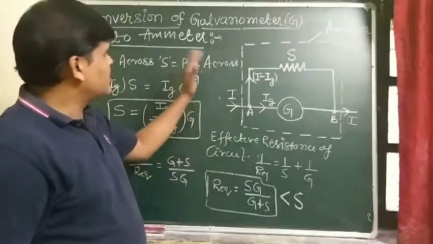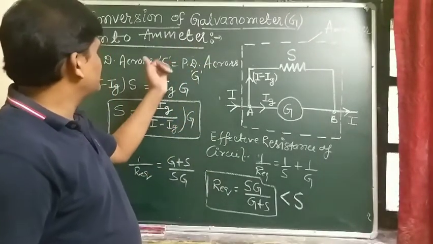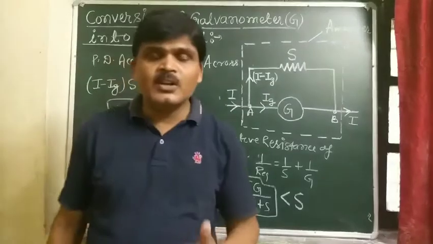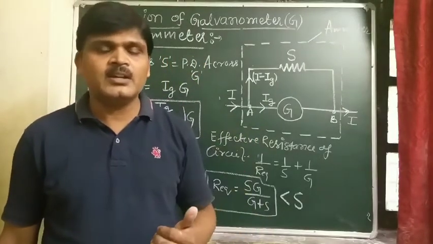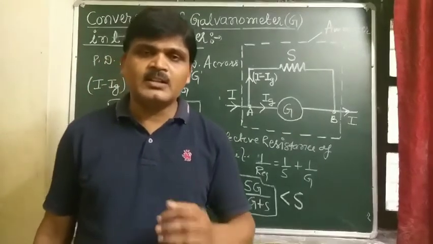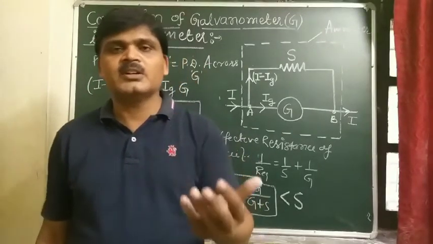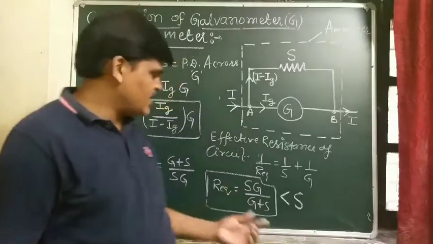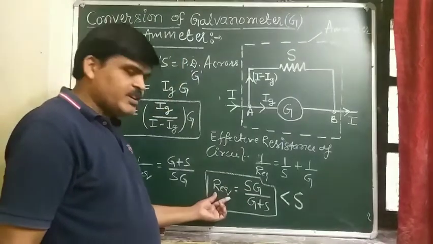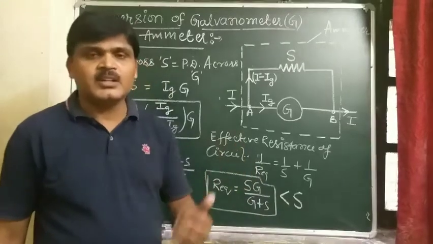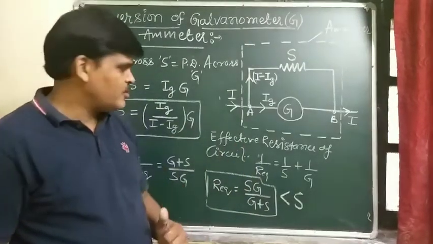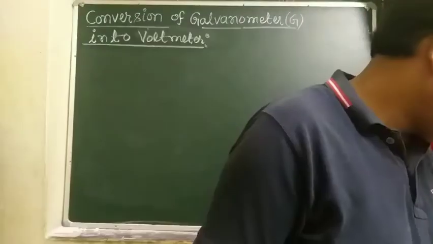So conversion of galvanometer into ammeter takes place when a low resistance is connected in parallel with a galvanometer coil. And student, an ammeter is a low resistance device, and for an ideal ammeter it has zero resistance.